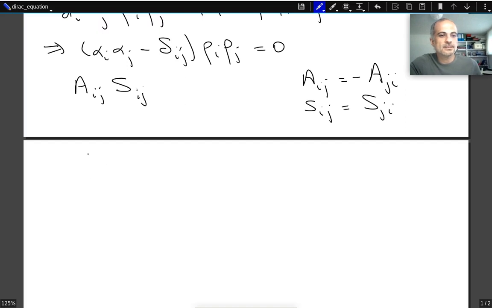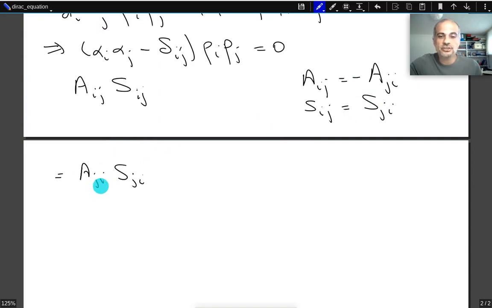Since we are summing over I and j, they are just dummy indices, so I can change their name. I first rename I to j and j to I. Then I get AJI, SJI. You see here I didn't exchange indices, I just changed the name of the indices. So that is why I don't get any minus signs anywhere.